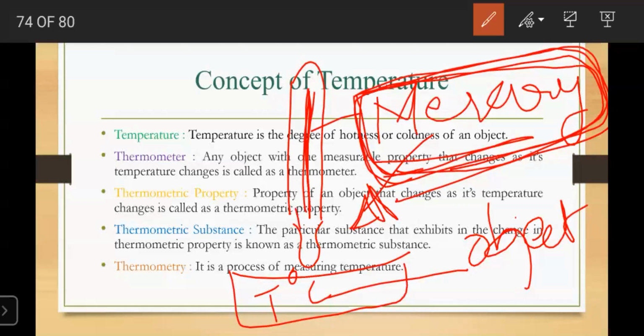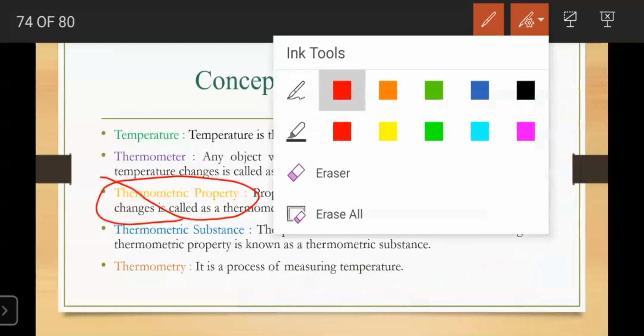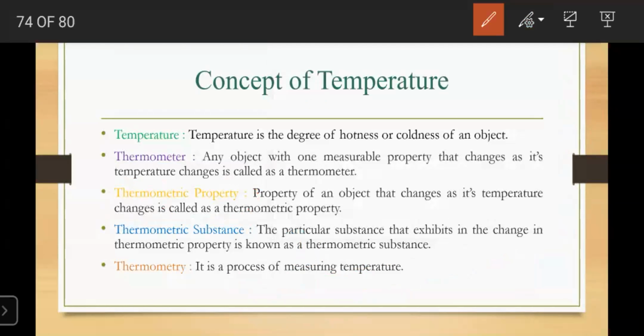Okay. So what is the thermometric property? You can relate it with the thermometer itself.